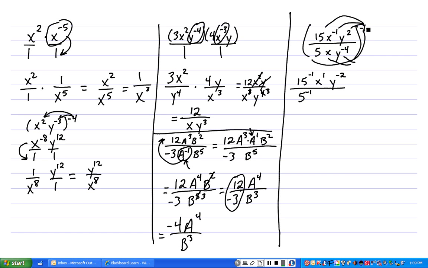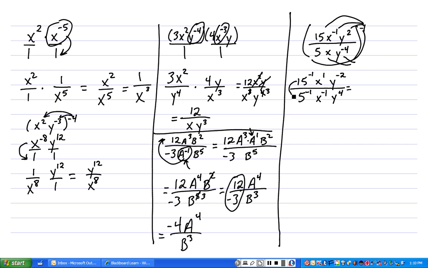So 1 times negative 1 is negative 1. My x is now to the negative 1, and my y is now to the positive 4, because negative 1 times negative 4 is a positive 4.